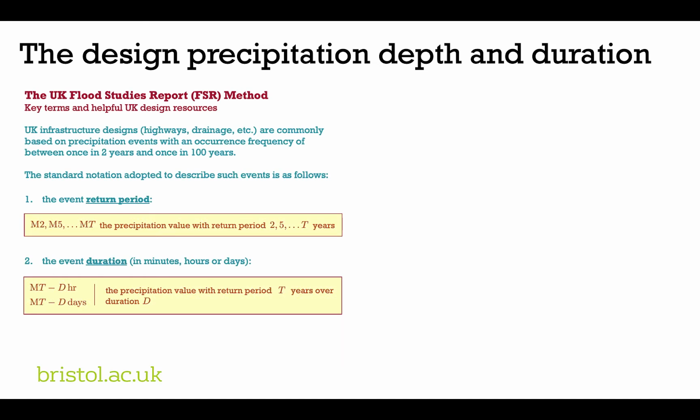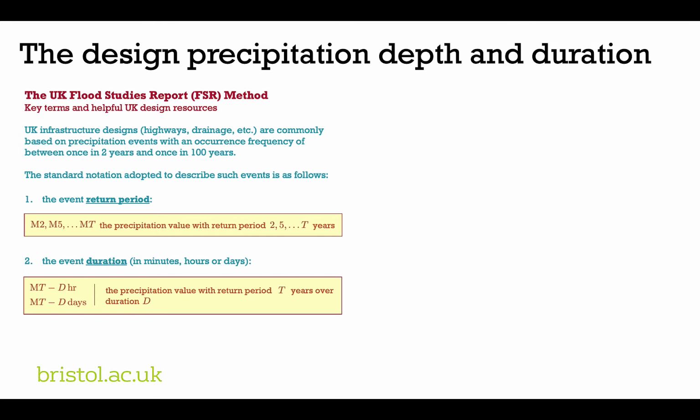Well, we're going to use something based on the UK Flood Studies report method. And in explaining this to you, I'm going to be using some key terms to describe the precipitation depth and duration. And they are listed here on the left. So first of all, we're going to be talking about an event return period, and that's going to be something like M2, M5 up to MT, and that's the precipitation value with a return period of 2, 5 up to T years.